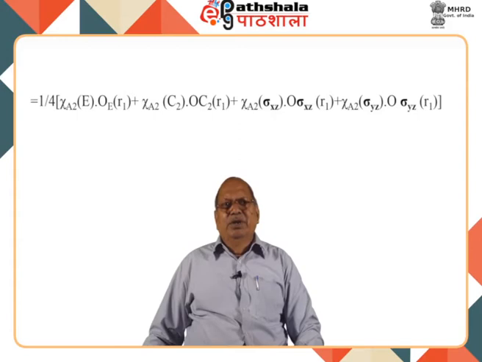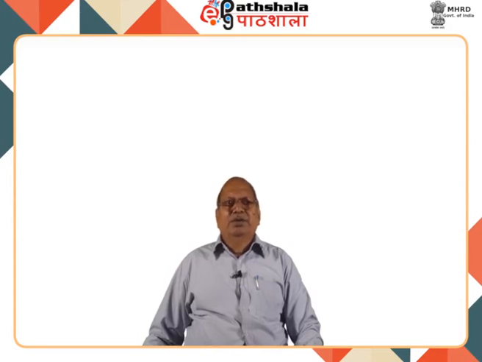Again we write a similar equation, 1 by 4 within brackets chi A2 E OE operating on R1, chi A2 C2 OC2 operating on R1, chi A2 sigma XZ O sigma XZ operating on R1, chi A2 sigma YZ O sigma YZ operating on R1, and we have the result as 1 by 4 times 1 into R1 plus 1 into R2 minus 1 into R2 minus 1 into R1, which is 0.